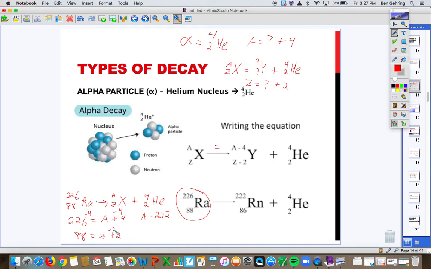So I'm going to subtract 2 on both sides, and I know that Z equals 86. So now I know my mass is 222, my atomic number is 86, so I can write those in. 222 over 86, I look at the periodic table, that's radon. This is the equation for the alpha decay of radium-226. It produces radon-222. And this is what we're doing with alpha.